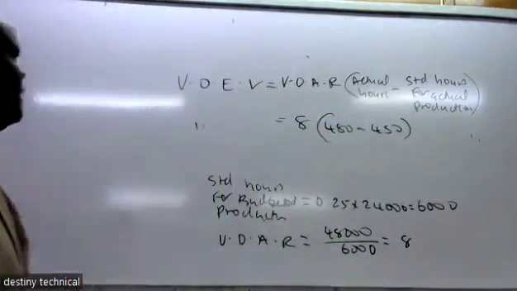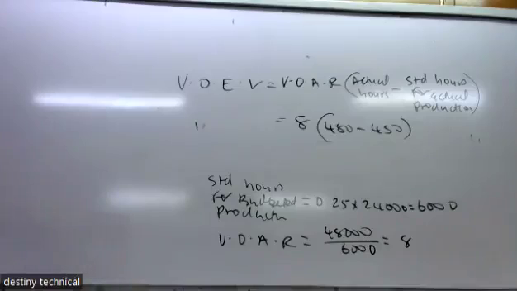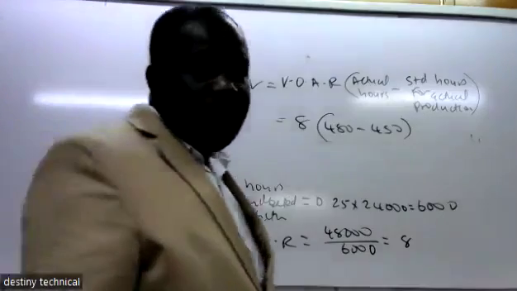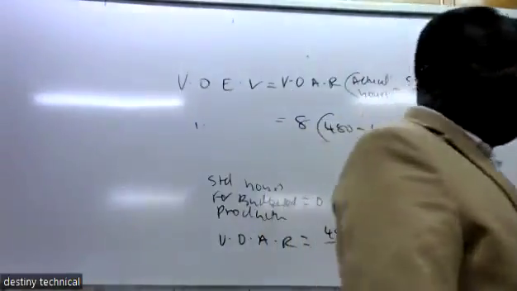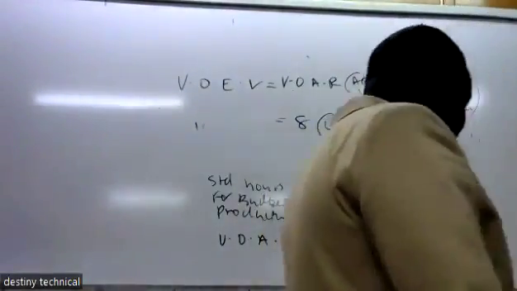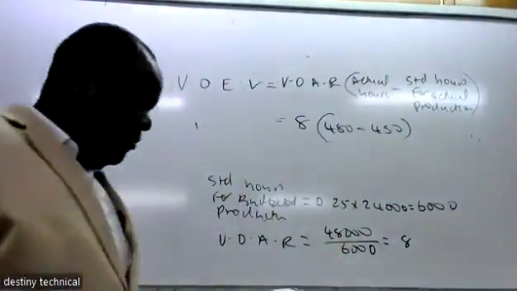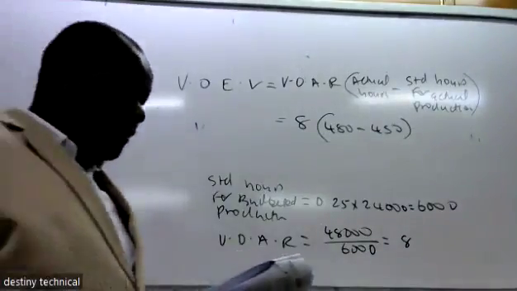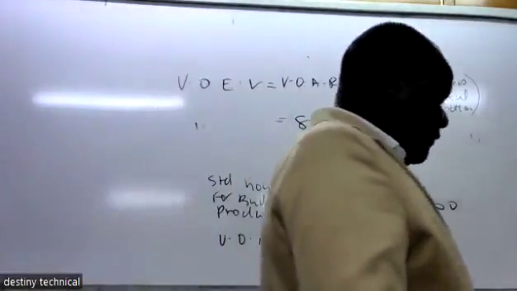So the variance is adverse, it is adverse of 240. That is how you compute the variable overhead efficiency variance.